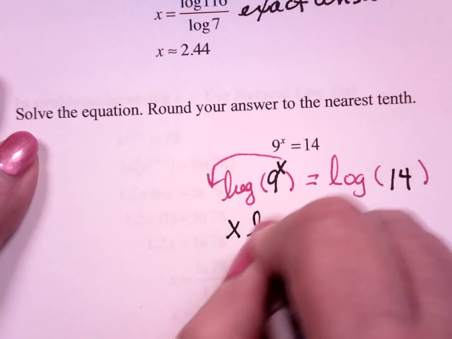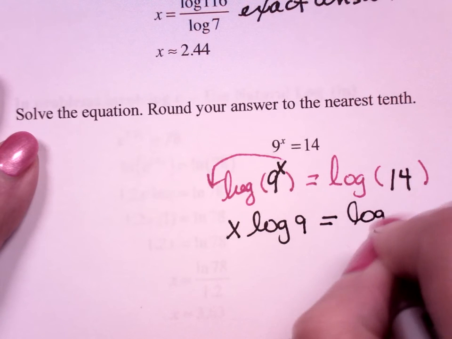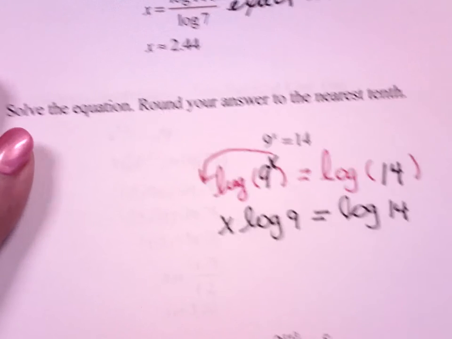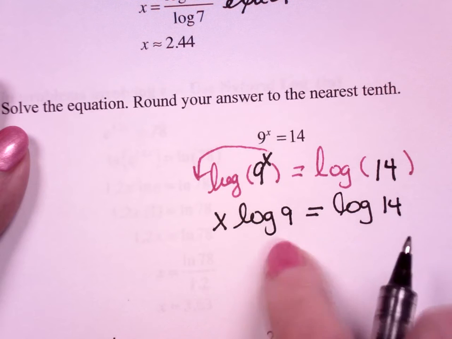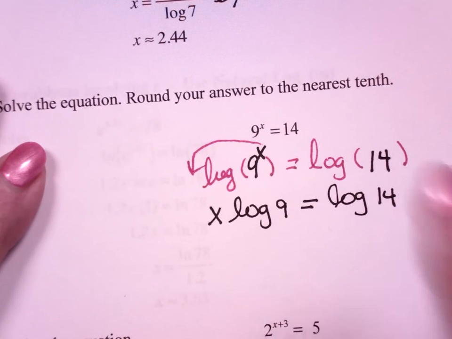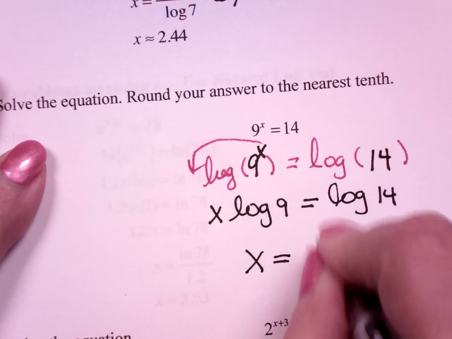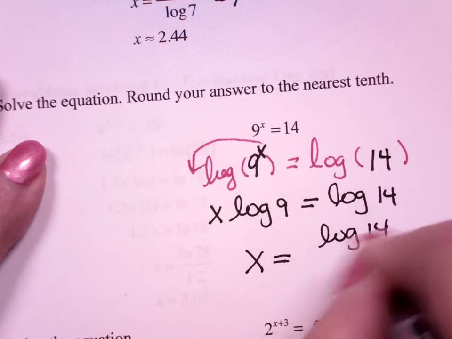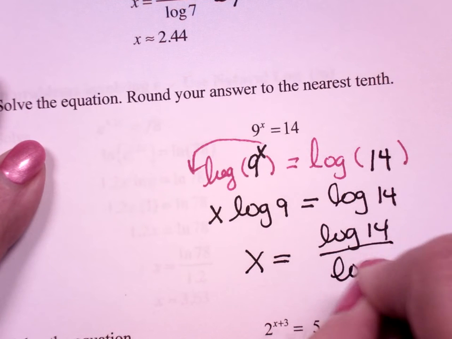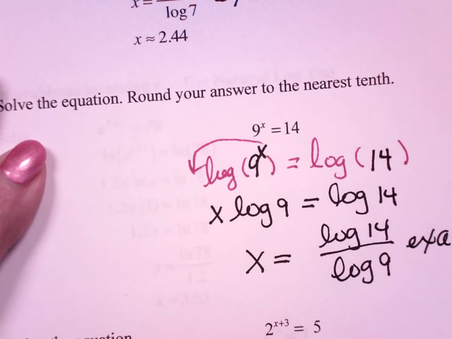So x log of 9 equals the log of 14. Log of 9, log of 14 are just numbers. So divide both sides by the log of 9. x is the log of 14 over the log of 9. This is an exact answer.